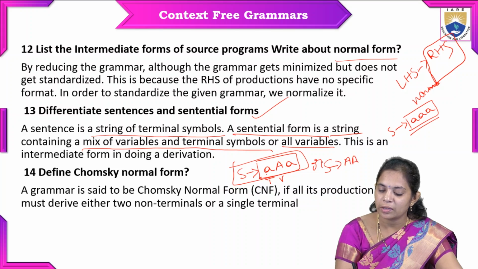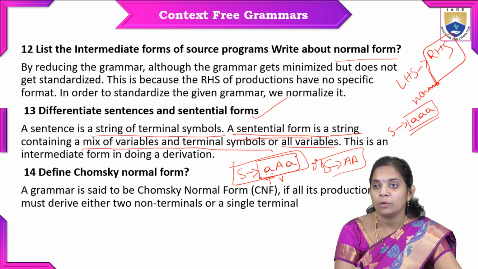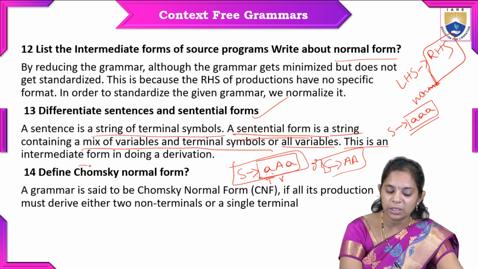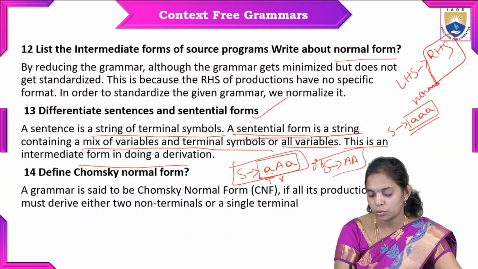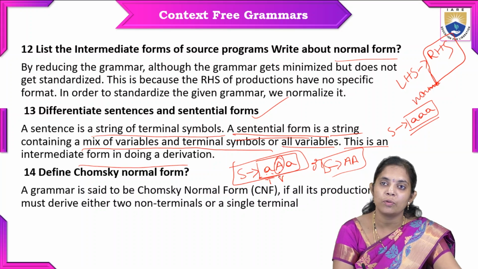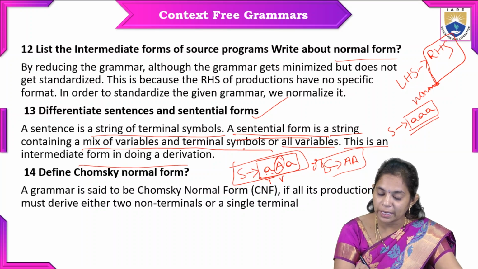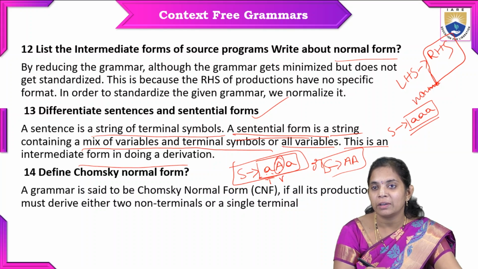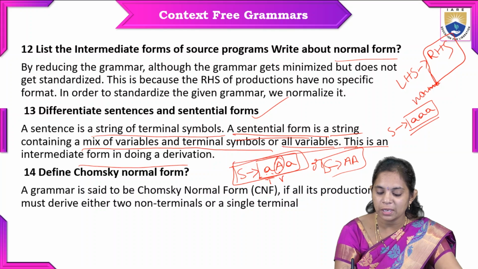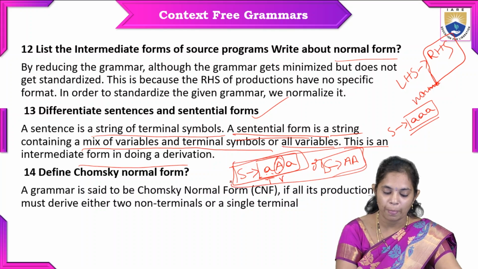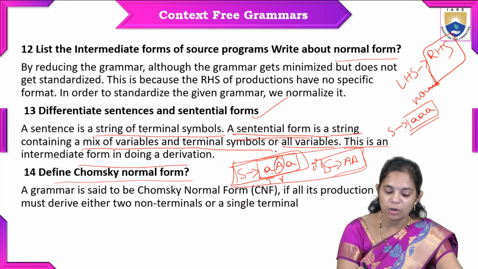This kind of production is also a sentential form. So this is an intermediate form in doing the derivation. While doing the derivation, we eliminate this capital A and substitute for it. While deriving the string, whatever we get in the derivation is named a sentential form. And define Chomsky normal form.